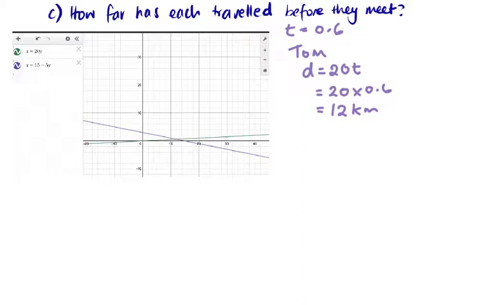If you look on our graph, you can actually see that it actually is at 12 as well. Okay, so you can also use the graph if you'd like as well. Now Julia, we're not worried about whether she's starting from town A or B or the distances or anything like that. We just want to know, in terms of her speed, how far will it be before they actually meet together.